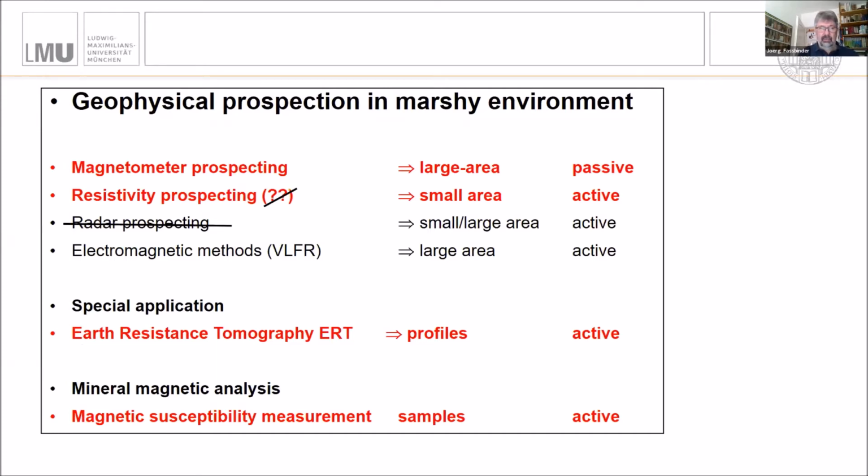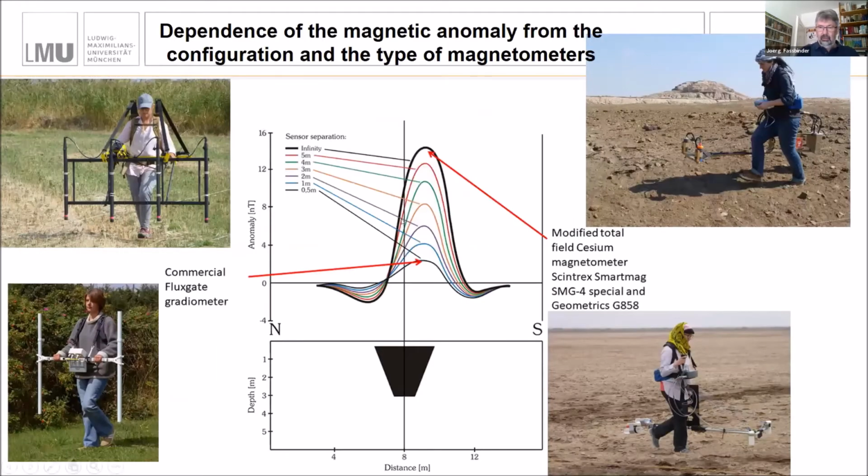But let's see, just a short overview of what kind of instruments could be used for magnetometer prospecting. These are the flux gates on the left side, and we modified our cesium magnetometer in such a way that we don't use a gradient, which is necessary for the flux gates. With the gradient, you have a signal of, let's say, 3 nanotesla.